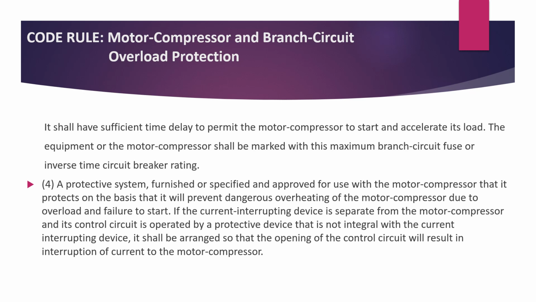If the current interrupting device is separate from the motor compressor and its control circuit is operated by a protected device that is not integral with the current interrupting device, it shall be arranged so that the opening of the control circuit will result in the interruption of current to the motor compressor. So there are 4 options. So here we will discuss only option number 1 and option number 3.